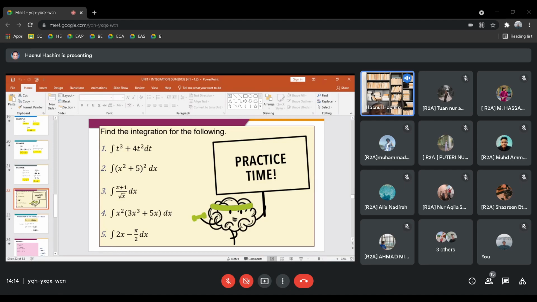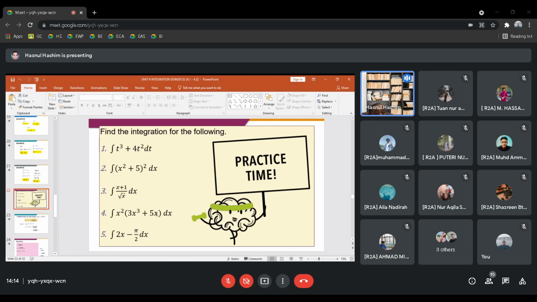Here we integrate x over square root of x plus 1 over square root of x. So we have x to the power half plus x to the power negative half. Then we integrate that. Number 4, we multiply out: 3x squared times 3x cubed will be 9x to the power 5, and x squared times 5x will be 5x cubed.